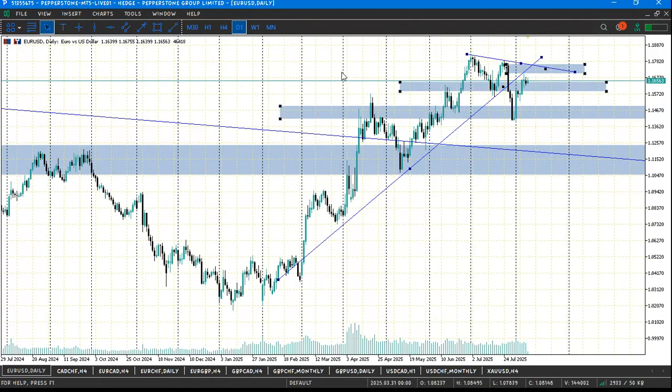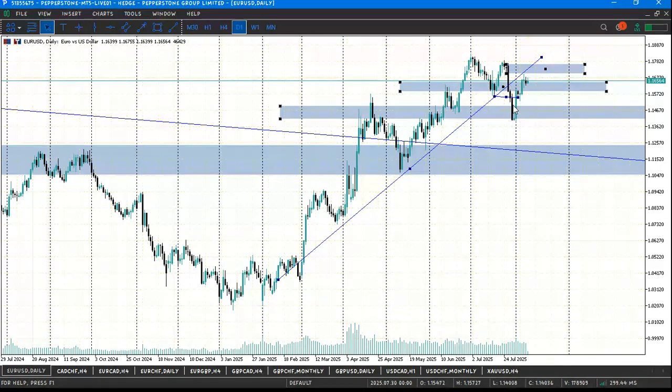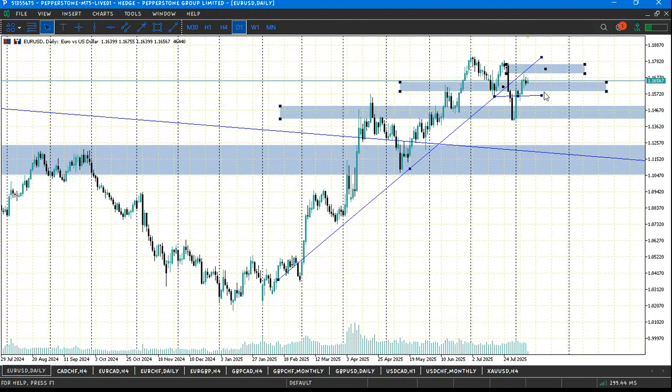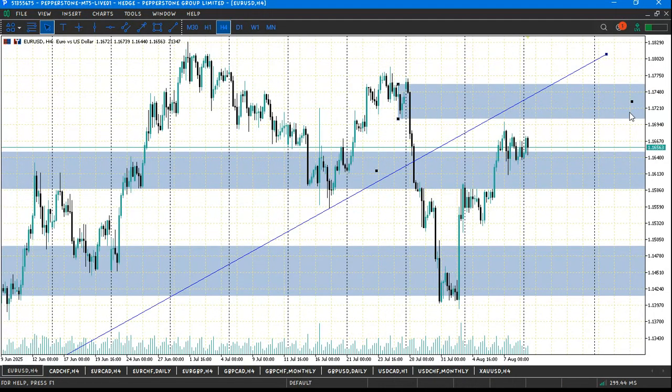Now we can also note that on the daily time frame we had this change of character at this point where the market tried to break downwards. Unless this is a false breakout, then we could say that the market has shifted the trend to a downtrend. Now coming to the 4 hours, now this is where things get clear, and we can see that from this area we had a double top formation.